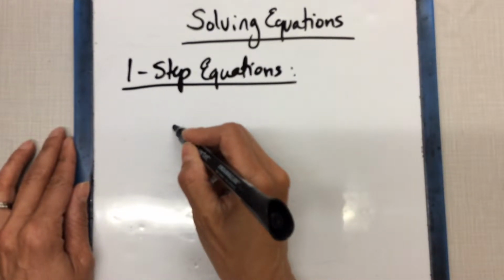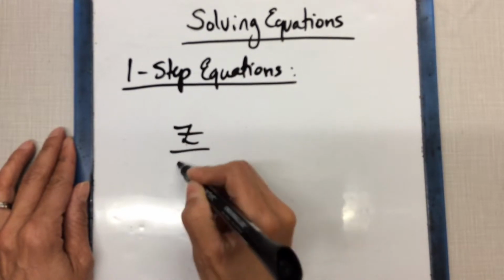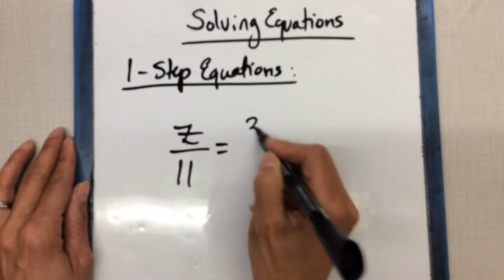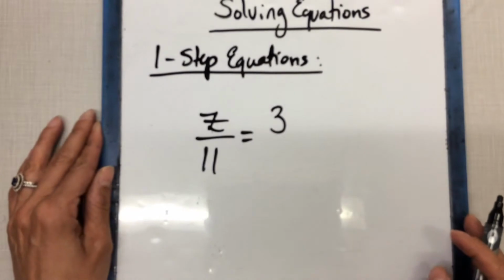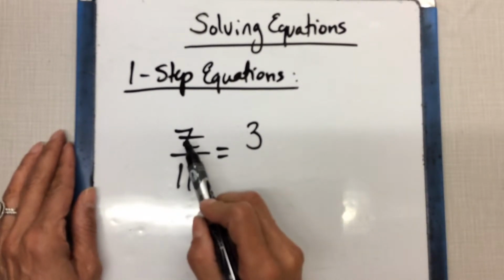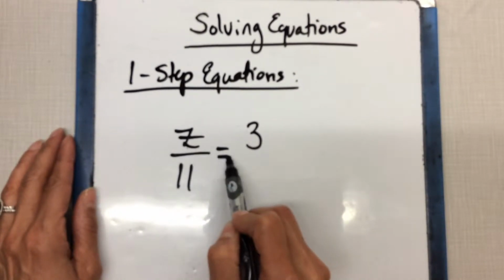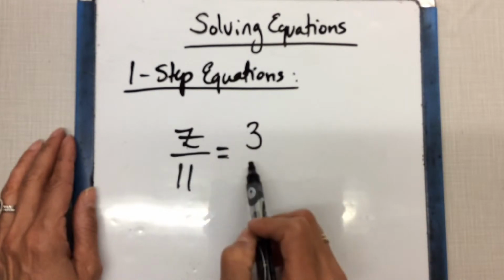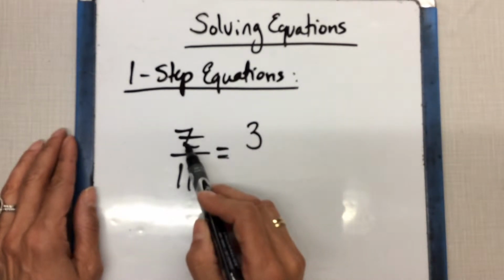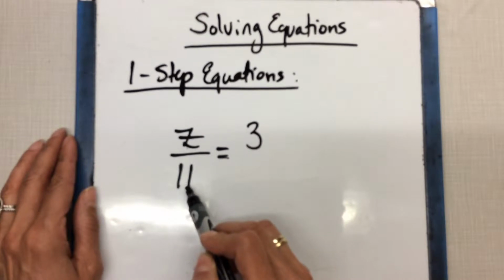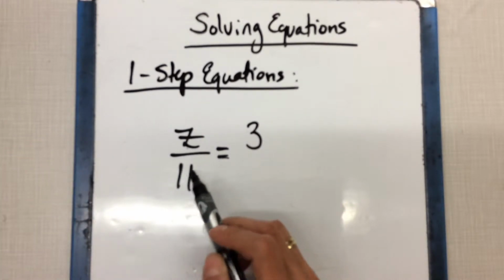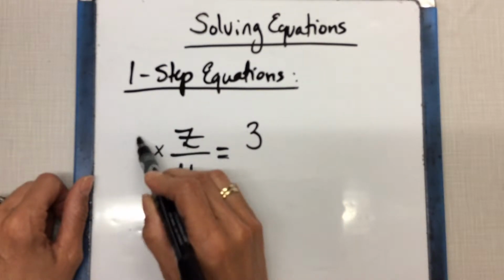Let's try z divided by 11 equals 3. We want to find out what this variable z needs to be in order to make this equal and balanced on both sides. Because this variable is being divided by 11, the opposite would be to multiply by 11.